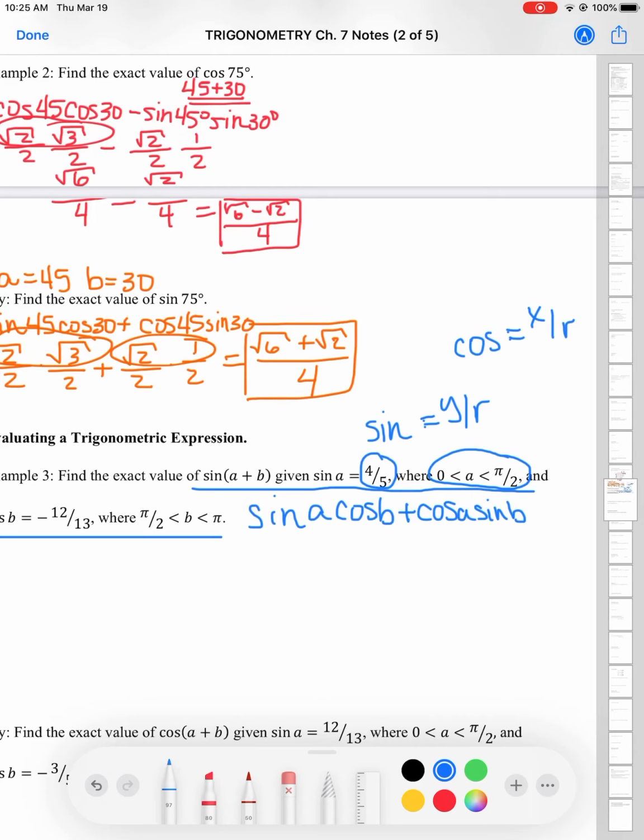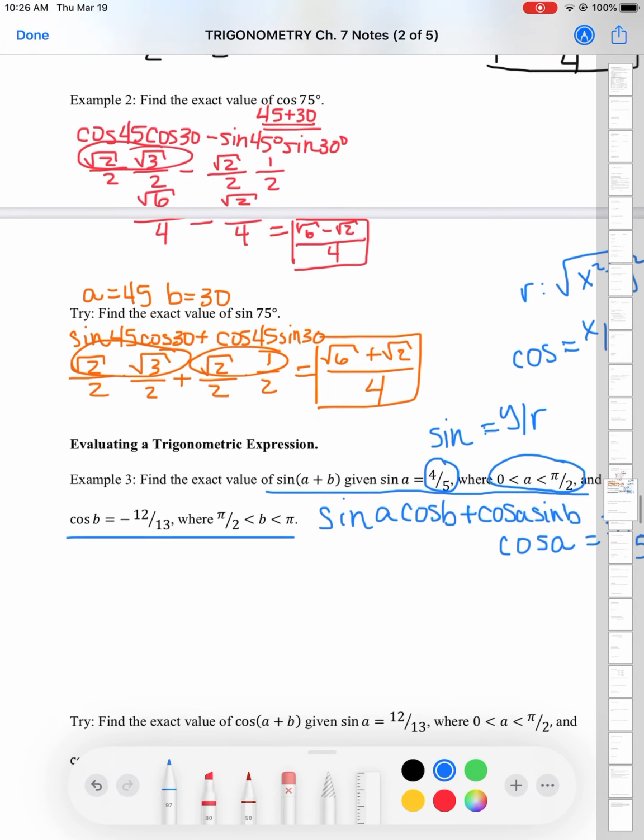If y is 4, r is 5, x has to be what? Remember, we can find x. R is the square root of x squared plus y squared. But this is actually one of those perfect triples that we talked about, 3, 4, 5. So cosine A has to be 3/5.